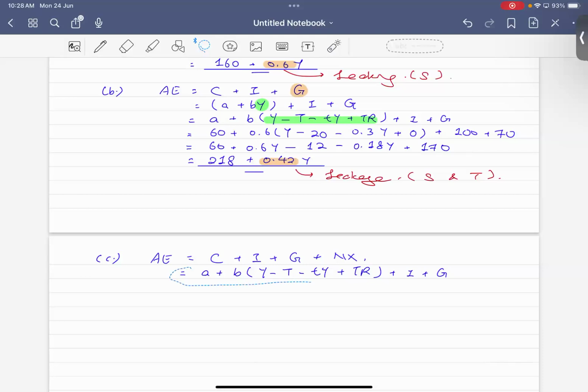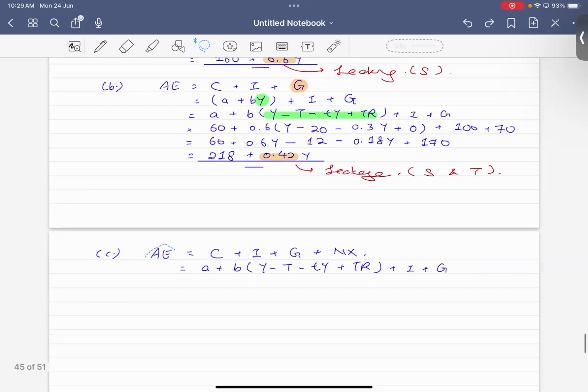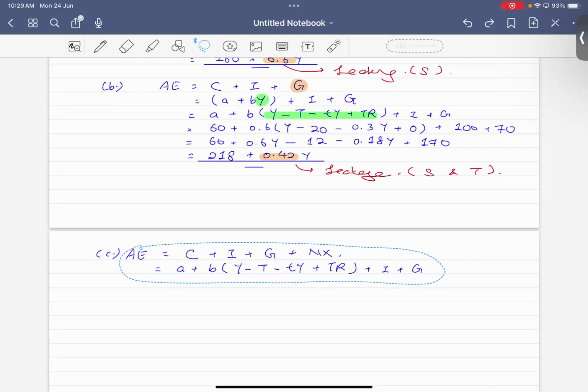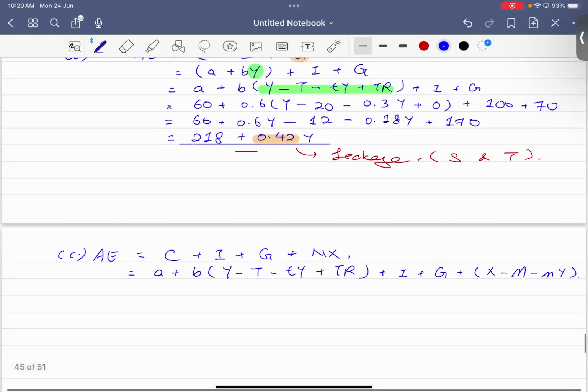So for net exports, you need to use exports minus autonomous imports minus induced imports, like this.